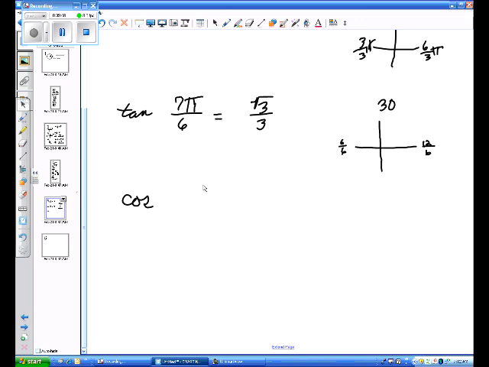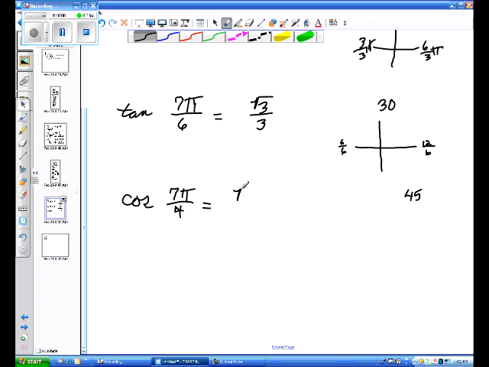If we wanted the cosine of 7 pi over 4. Okay, we said when our denominator was 4, our reference angle was 45. It's pi over 4, which is 45. We've memorized that the cosine of 45 is the square root of 2 over 2. Then we need to figure out the quadrant.